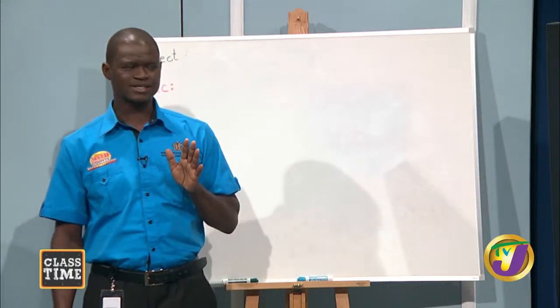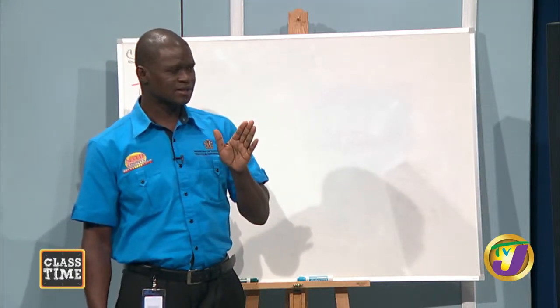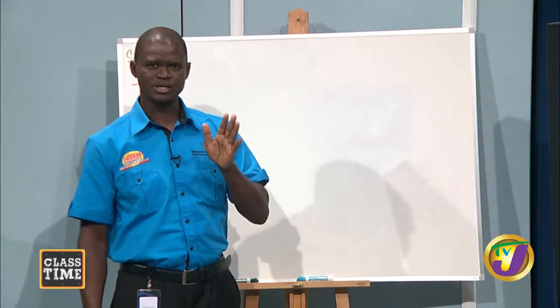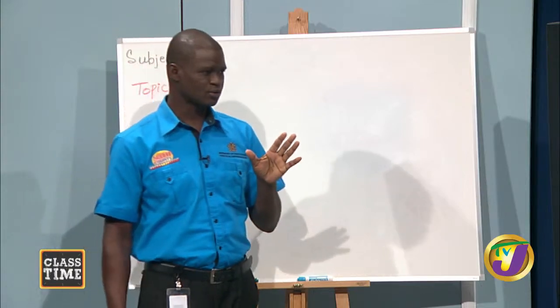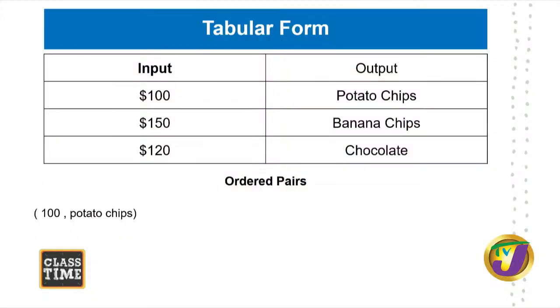Now, we can move from the table form and write the input and output as ordered pairs. This is how our ordered pairs would look: $100 and potato chips; similarly, $150, banana chips; $120, chocolate. As you would have learned, the first value represents your x value, and the second one represents your f of x.